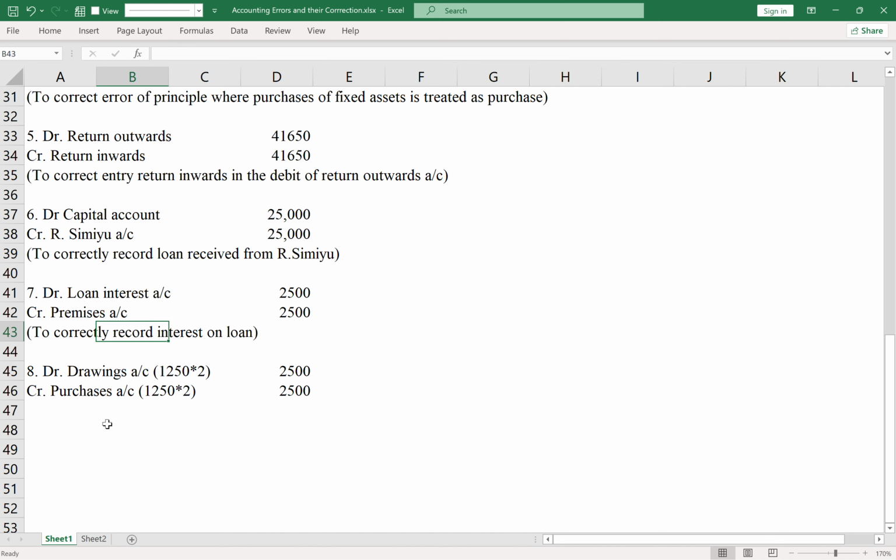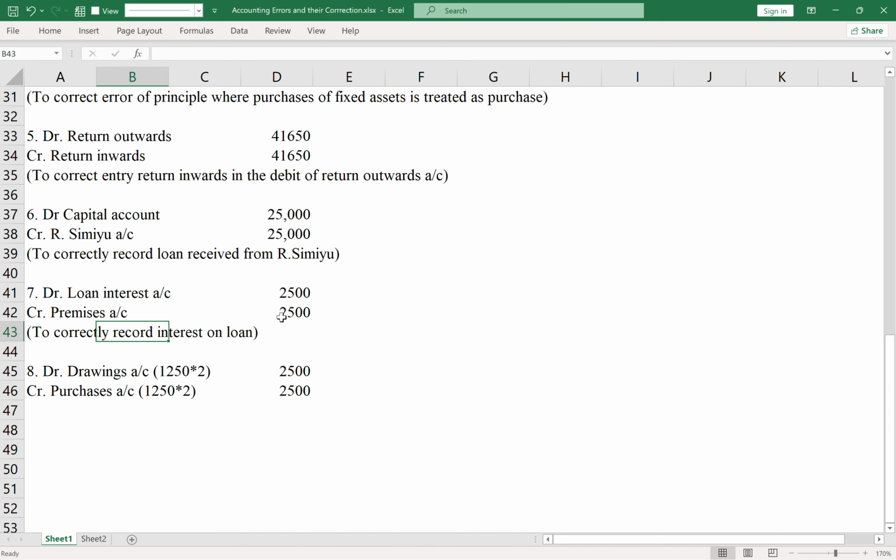We are going to correct by debiting the drawing and crediting the purchase account, but we have to multiply by 2 to cancel the initial debit and correct the entries using the credit, or we enter the second credit entry.